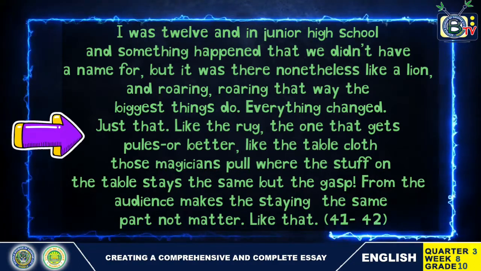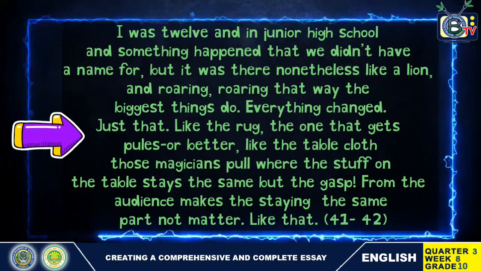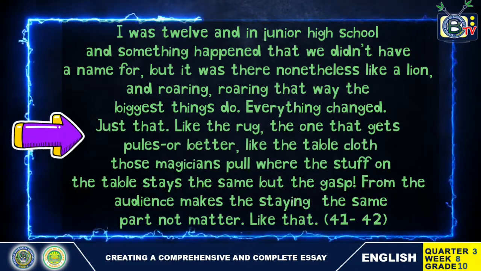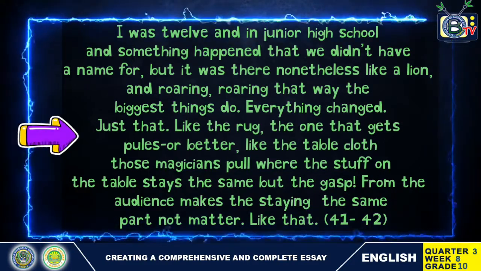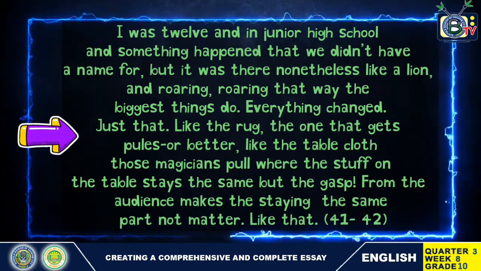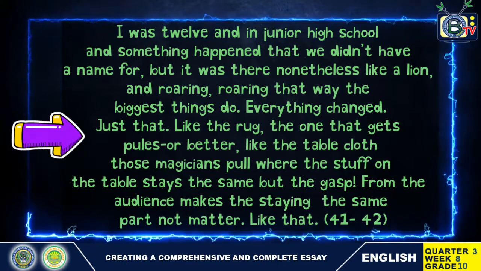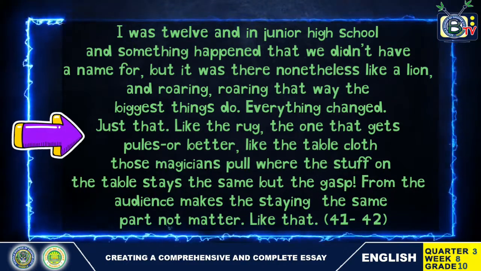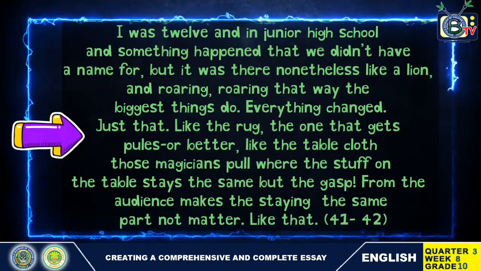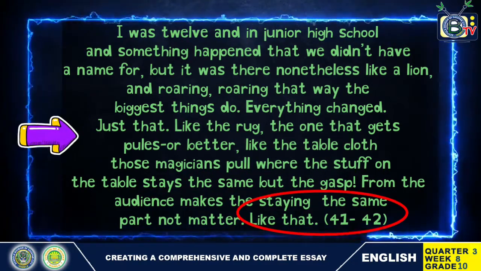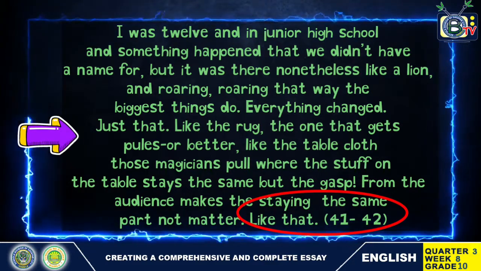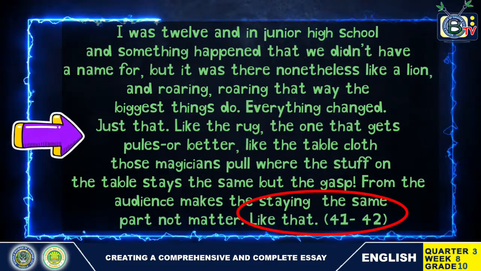Everything changed, just that, like the rug, the one that gets spilled on, or better, like the tablecloth those magicians pull where the stuff on the table stays the same, but the gasp from the audience makes the staying the same part not matter. Like that (41-42). Make sure you give page numbers when necessary. Notice in this example that the page numbers are in parentheses after the period of the last sentence.